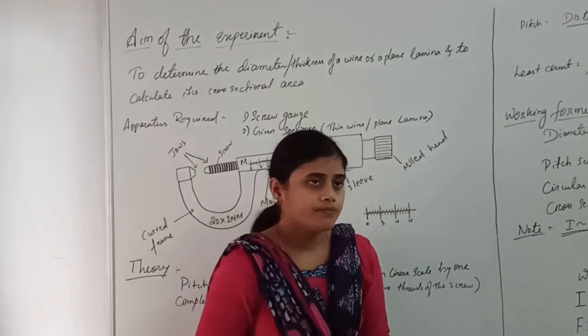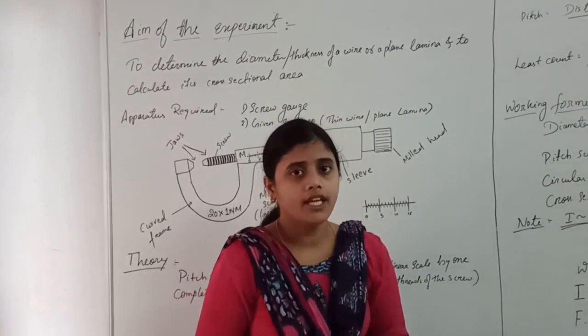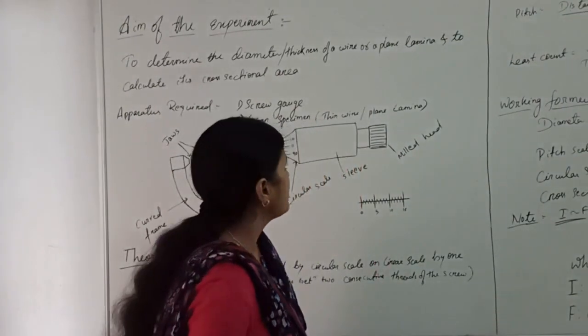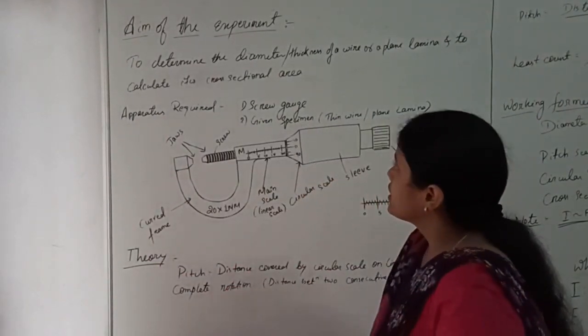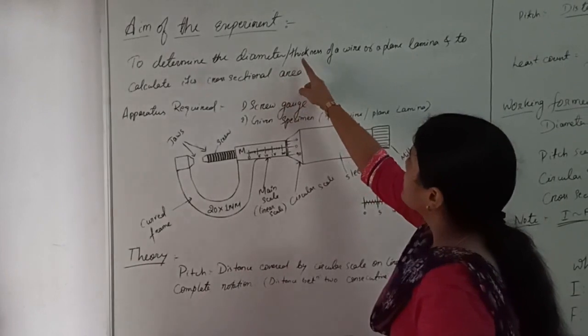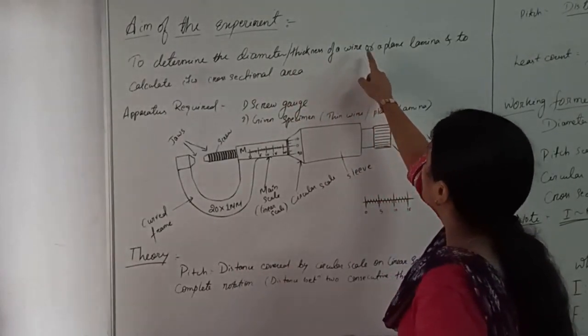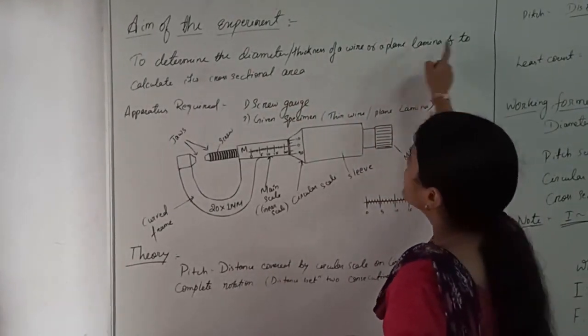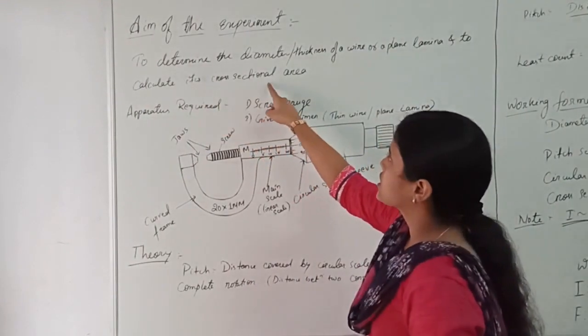Every experiment starts with the aim. So here the aim is to determine the diameter or thickness of a wire or a plain lamina and to calculate its cross-sectional area.